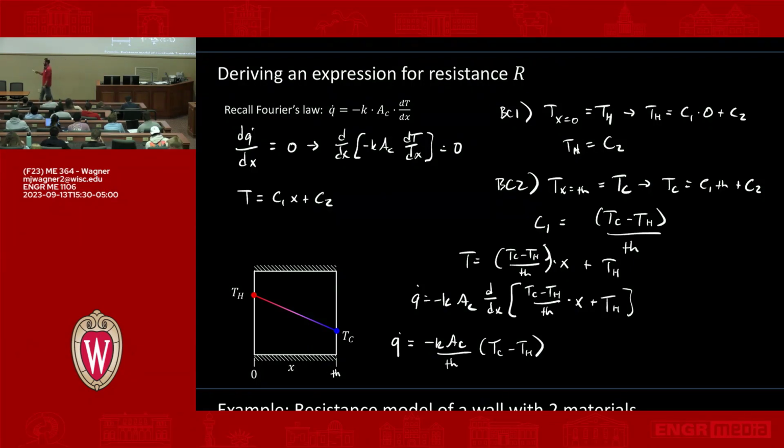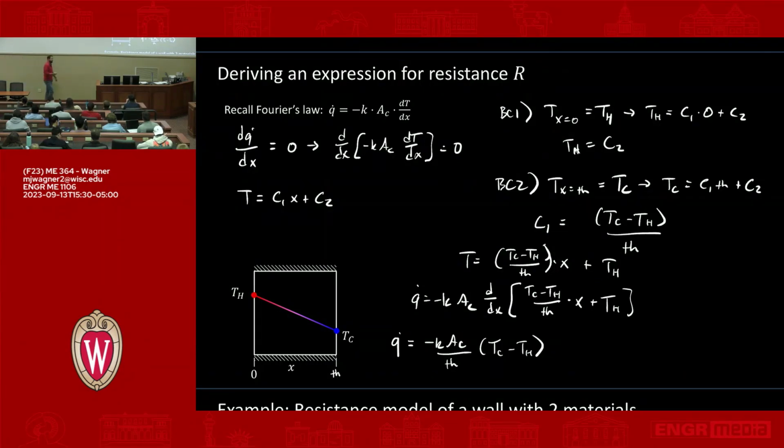So what are we left with? Again, we're looking for Q dot related to a temperature potential and some resistance. The resistance is just all that stuff multiplying the temperature potential.